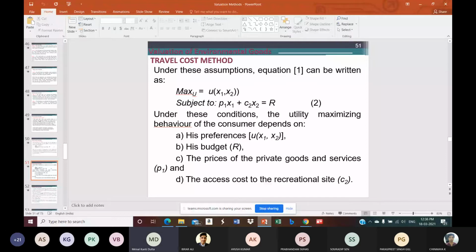Similarly, the budget, the amount available for him for spending on the two goods, will decide his utility or satisfaction. Similarly, the price of the private good, P1, and the access cost to the recreational site, C2. So these four things will decide the utility maximizing behavior of the consumer.